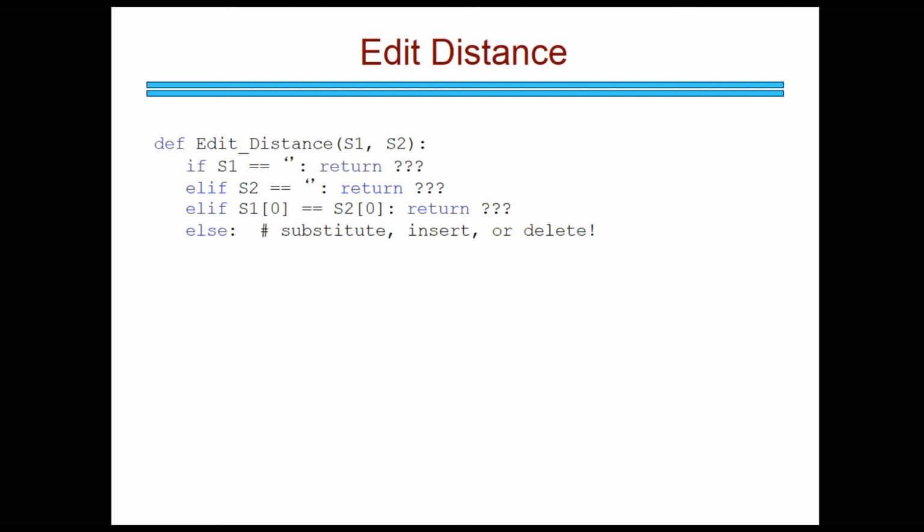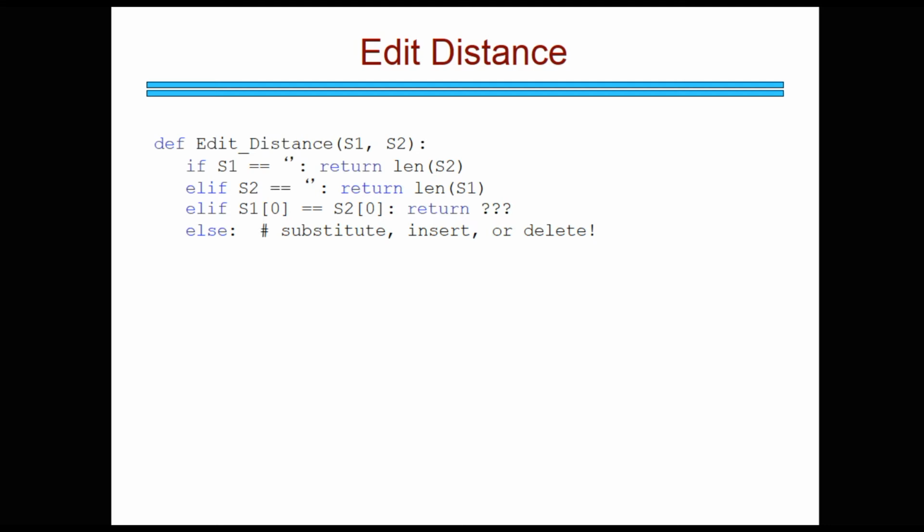So the edit distance is going to be len of S2. And in a similar case, when S2 is empty, we need all the deletions of S1, and therefore the result is going to be len of S1.